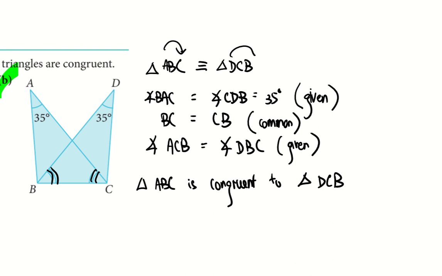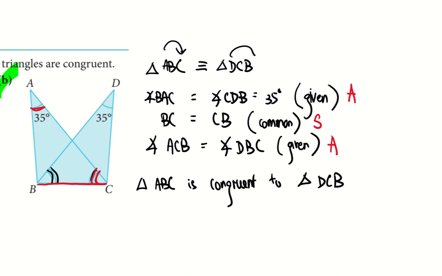Okay, let's take a look. We have an angle here. We have a side over here. I have an angle here. Does it mean that it's ASA? Not necessarily. Please check. You have a 35-degree angle. You have a common side. Then I have an angle over here.